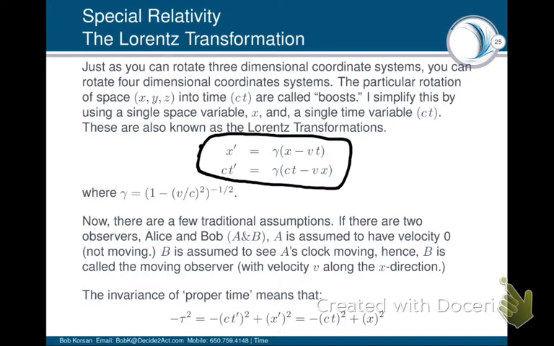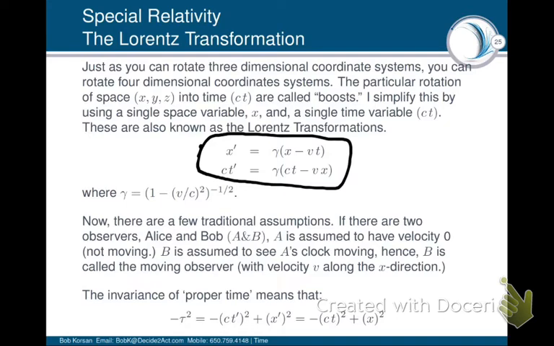The invariance of proper time means that dτ squared is equal to minus ct prime squared plus x prime squared, which is equal to minus ct squared plus x squared.